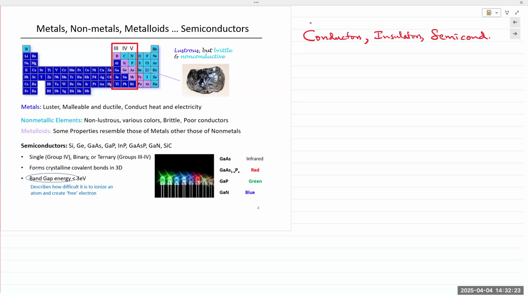Most conductors are metallic metals which have luster. They're malleable, they're ductile. You can create various shapes using various processes. They are very good conductors of heat. They are very good conductors of electricity because the electrons are very loosely bound to the nucleus. So we're going to talk a little bit about the atomic structure and subatomic particles. So again, the electrons are loosely bound to that nucleus in metals.